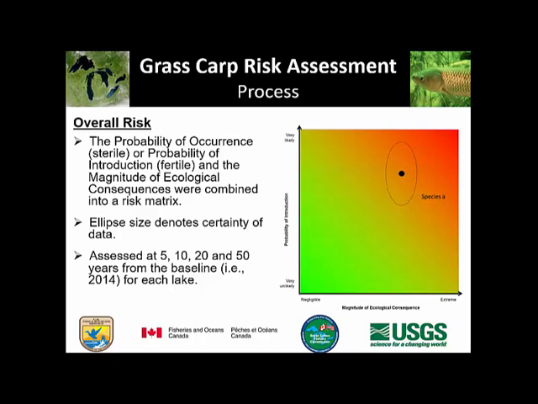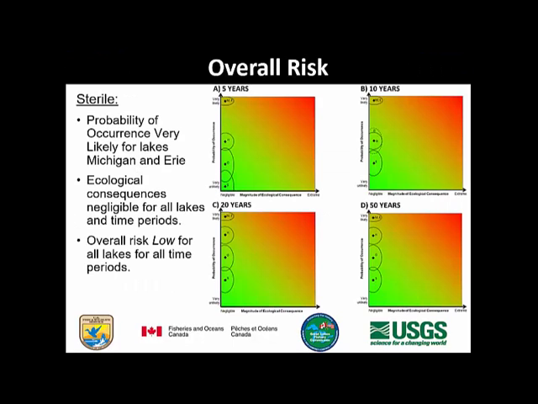The ellipse that you see around the point denotes the level of certainty around the data for each axis. And again, this was assessed at those time intervals that managers thought would be important at 5, 10, 20, and 50 years into the future. So let me first show you the data for sterile or triploid grass carp.